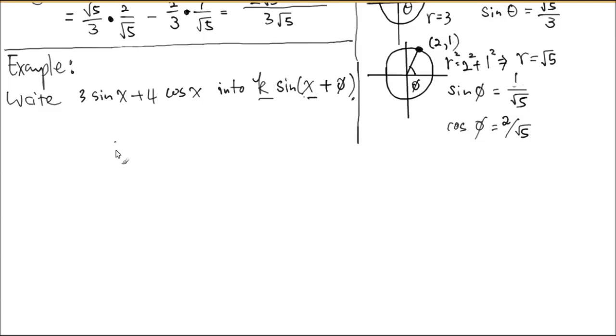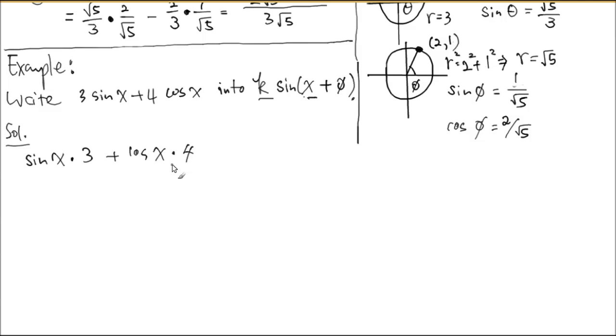So here's the idea. If they figured out how to rewrite this sum of two pure waves into that shape, you look at the answer and realize you can use the addition formula here, right? x plus phi. So I'm going to reorganize this into the addition formula. Instead of writing it like this, sine x times 3, I write sine x, the whole quantity, times 3, and plus cosine x times 4, like that.